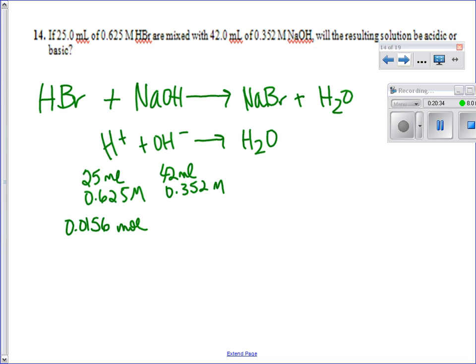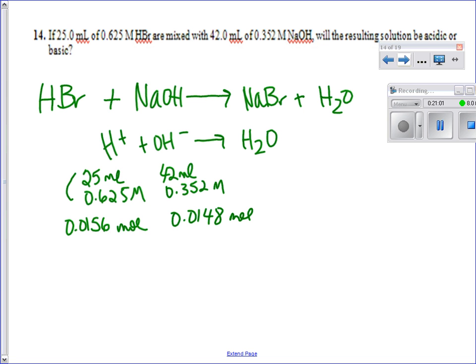If you want to do millimoles, you can. If you just multiply those two numbers together, you get millimoles, and you can do the same kind of work if you want. My only hesitation in doing that is when we get to titration problems, the millimoles will have to be unconverted, which people tend to forget. So six of one, half a dozen of the other. And what is this one?